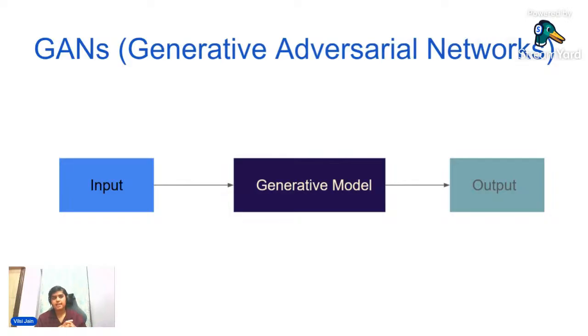So GANs, which is generative AI, the generative adversarial network. What is this basically? Input, the generative model, and output. Understand it in a very basic way. In ChatGPT, we give our input, it does something inside, and it gives a very good output, like a sweet dish on a plate, which completes your task in a few seconds.